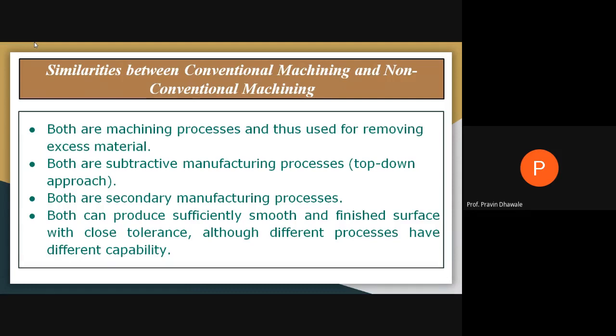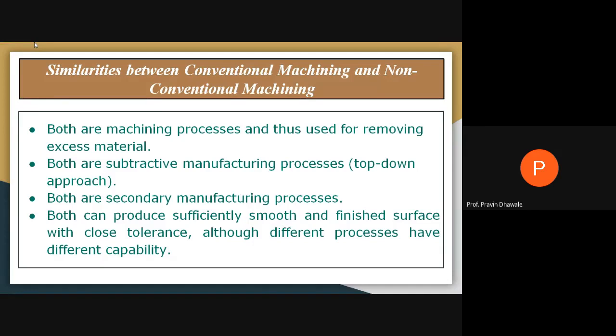Now the first slide indicates what the similarities are between these two machining processes, that is, conventional and non-conventional. No doubt both are machining processes, and they can be used to remove the excess material from the workpiece so that we can get the desired shape, dimension, or size of the workpiece as per the drawing.